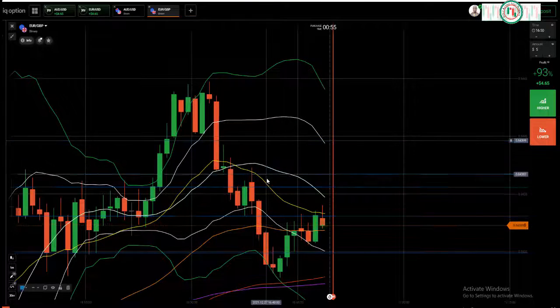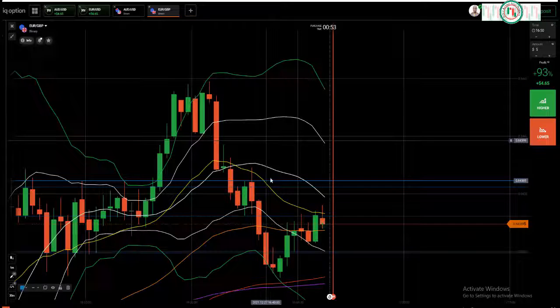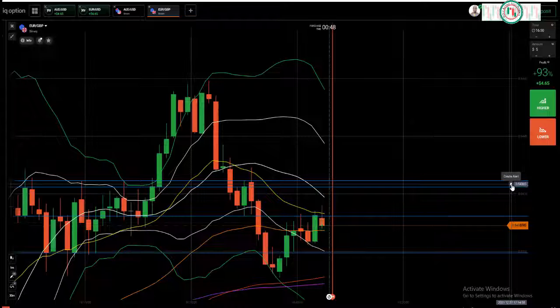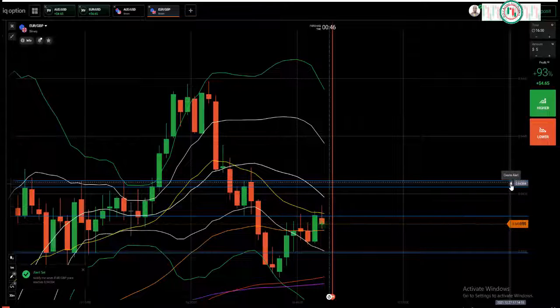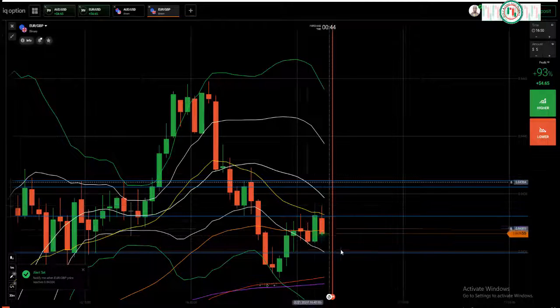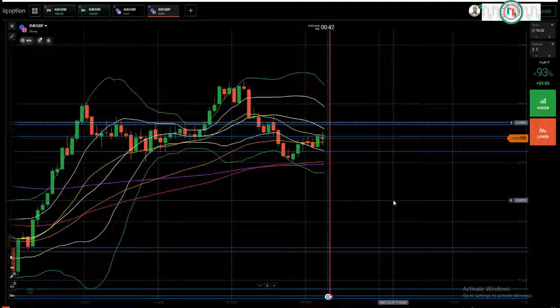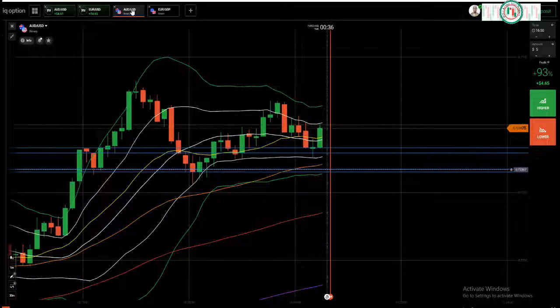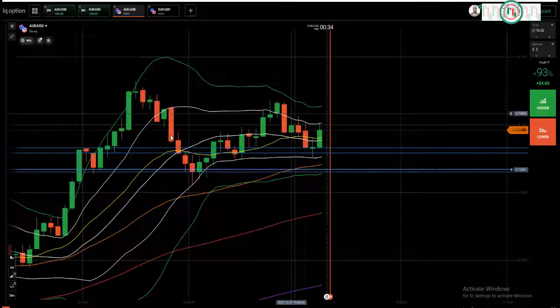This area, if market reaches this area again, I will take my trade. Yes, this area I will take the trade. But here market is reversing.